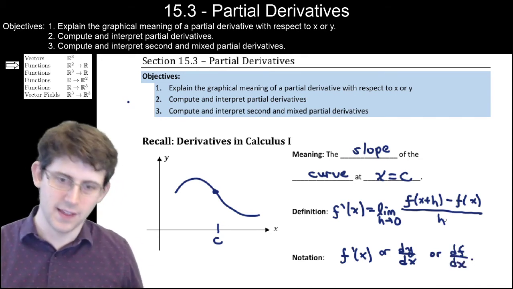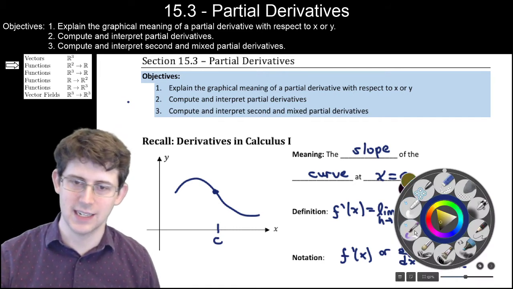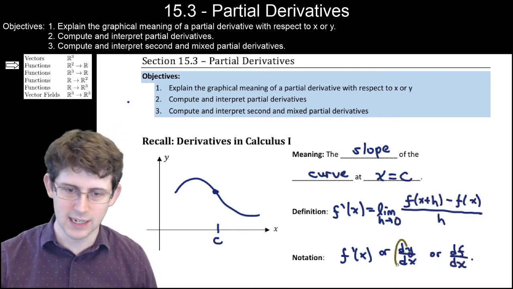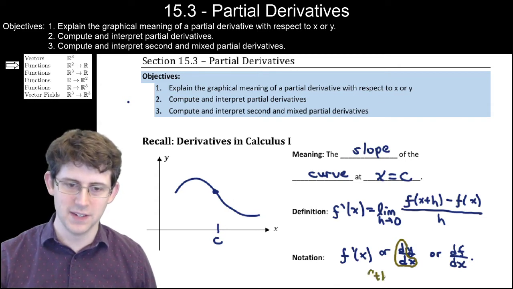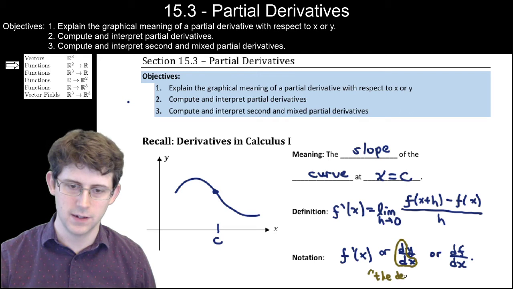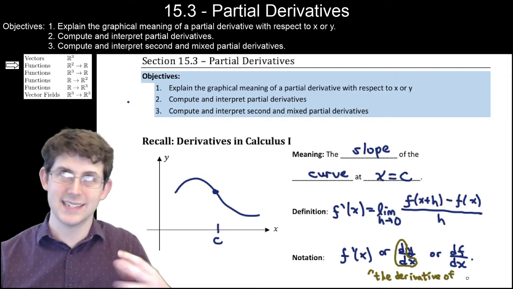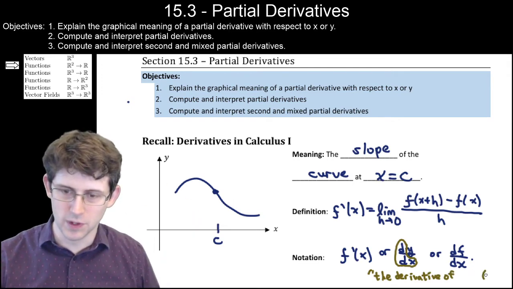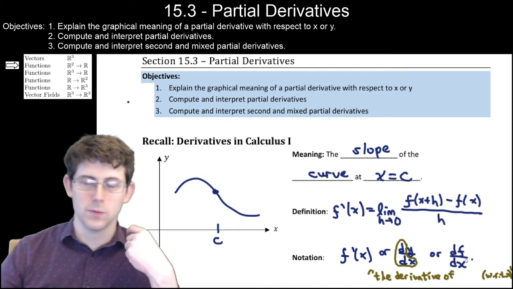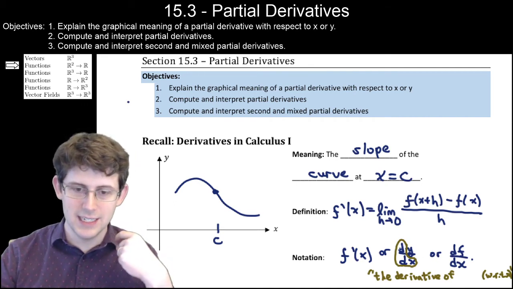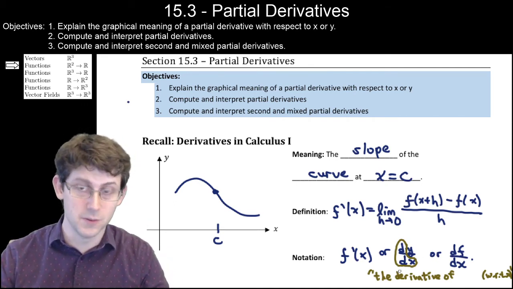The main thing that you need to pick out of this as far as notation goes is that the d dx part means the derivative of, with respect to x.